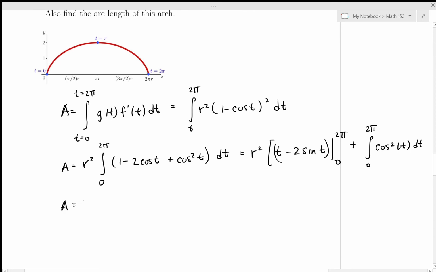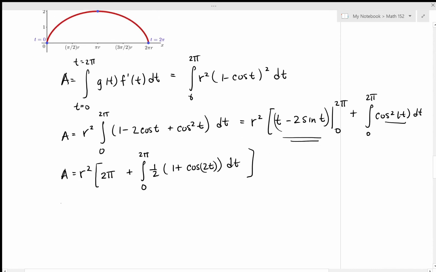So I'm going to have here r squared. Now I'm evaluating this integral. I get 2 pi minus 0, and then 0 and 0. So it's just 2 pi. There's a 2 pi there. And then I have this integral from 0 to 2 pi, and I replace the cos squared using the trigonometric identity 1/2 (1 plus cos 2t) dt, and that gets me r squared times 2 pi plus 1/2.